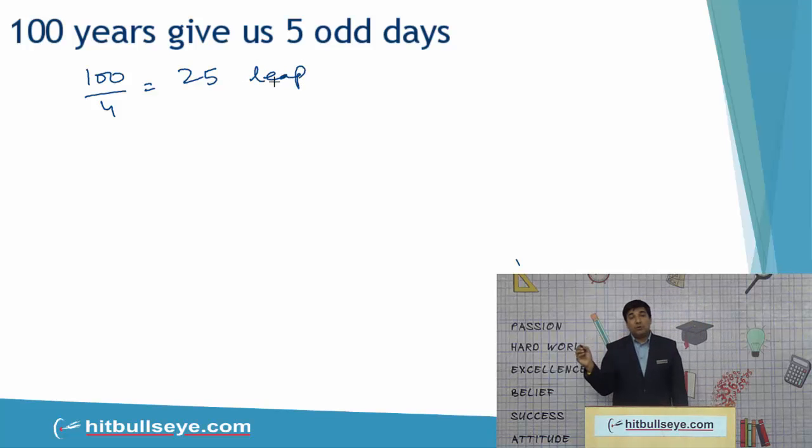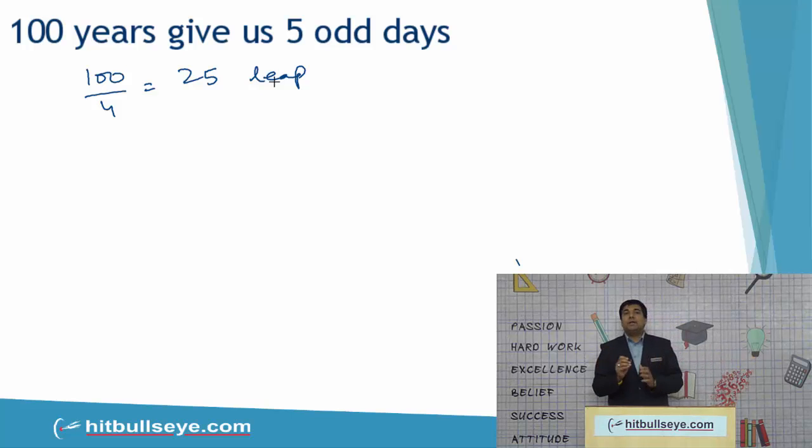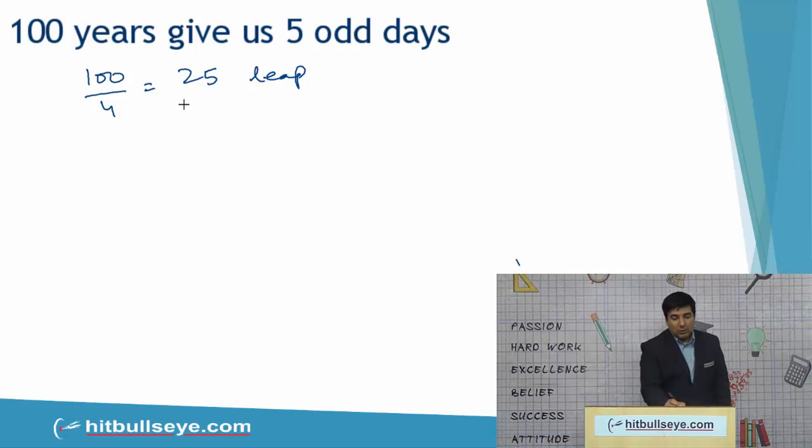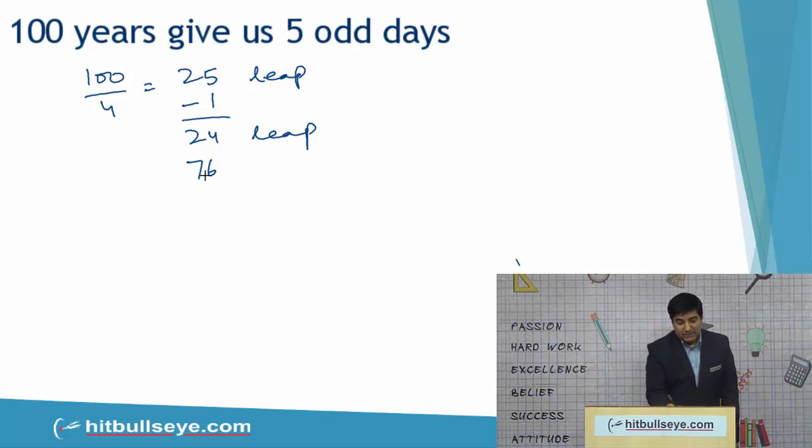But as we also talked about the exception, if the last year of the century is divisible by 400, only then it is leap. So a normal century won't have 25 leap years but one less, that is 24 leap years. Ordinary years would then be 76.